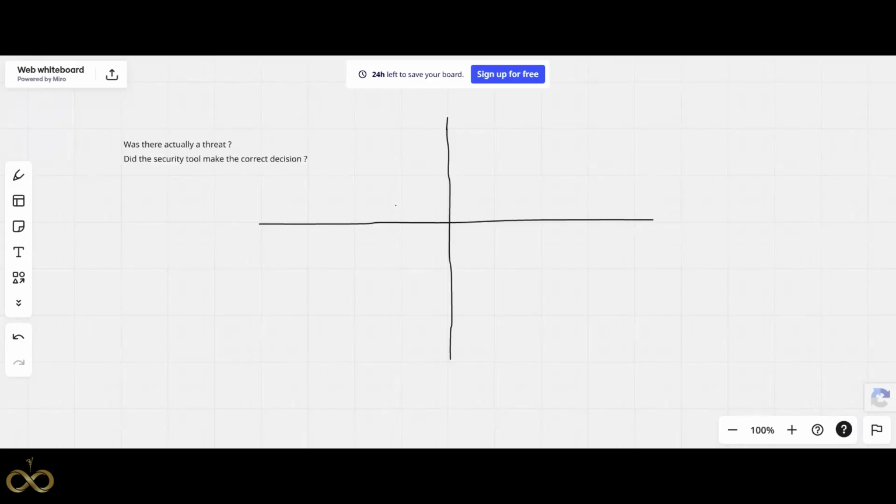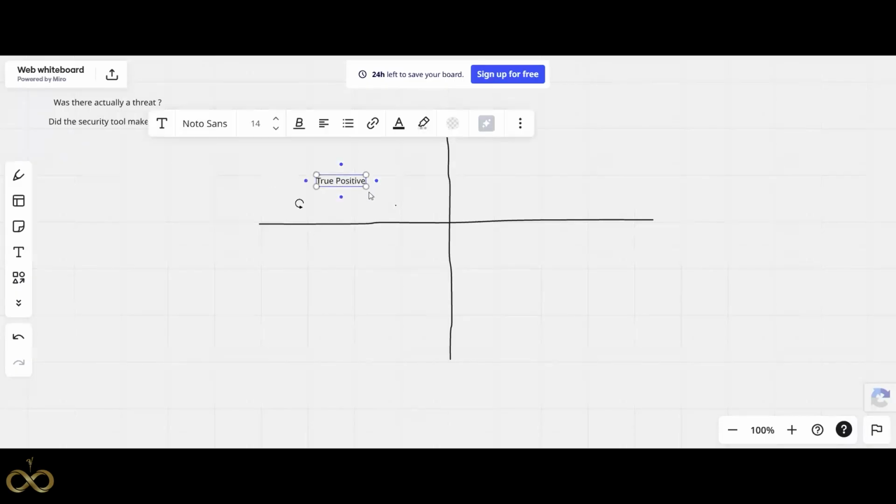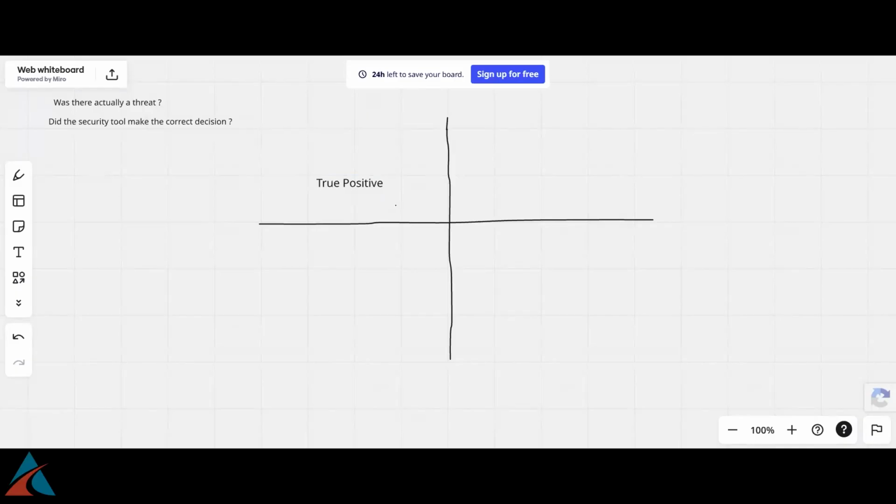First one is true positive. I'll write it here. Now, what is true positive?